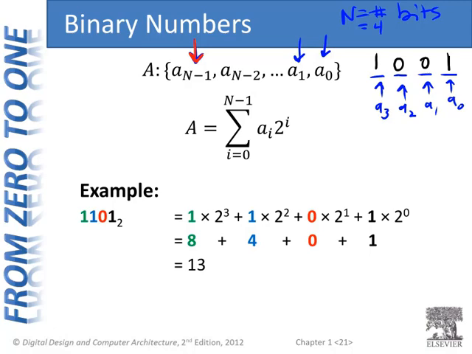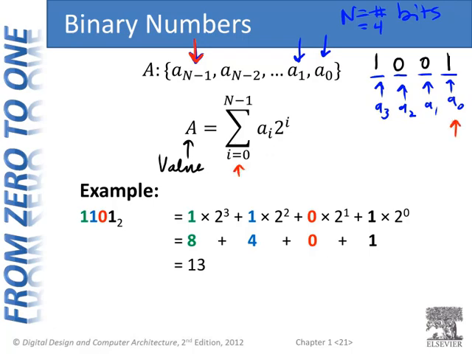And so now we get the value A, the value of this number, by summing each of the bits multiplied by its column weight from 0 to n minus 1. So let's go ahead and do this for our example. So we start with I equals 0.